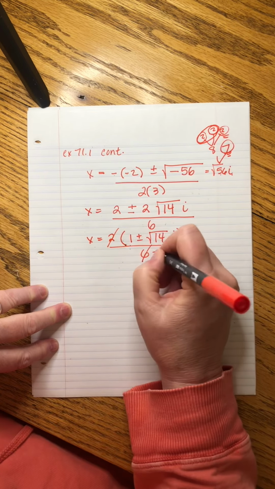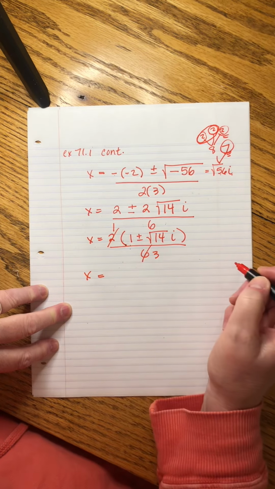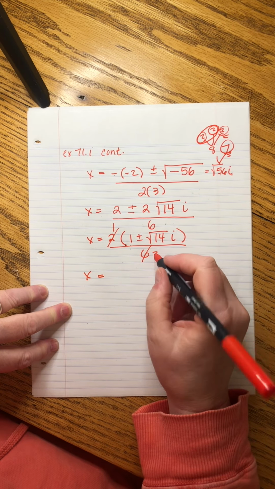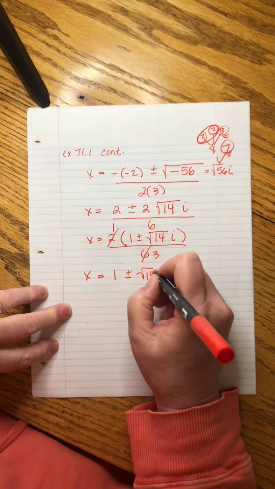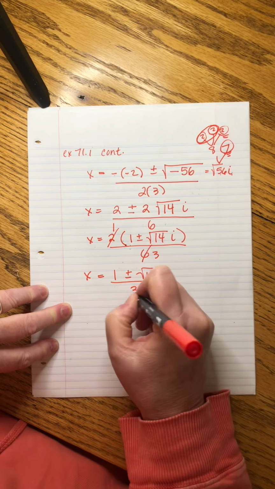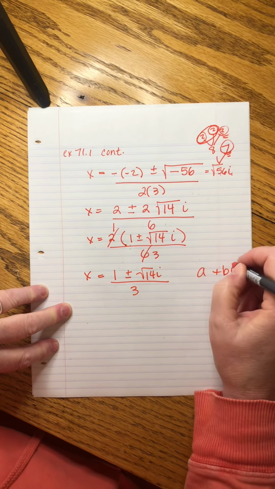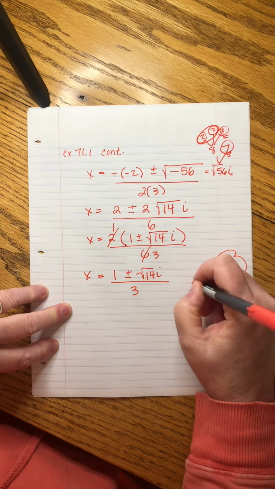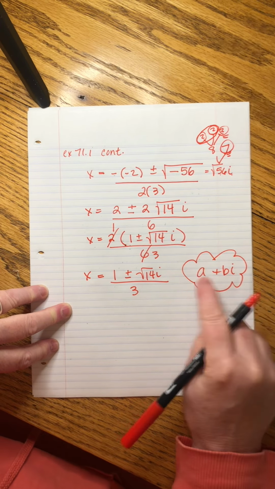Now I can cancel 3 and 1. So I get x equals, now here I have to be careful. Let me just write it the wrong way first. Plus or minus square root of 14i over 3. That's the wrong way because with a complex number, we always want to use this presentation, and that means they have to be separate.